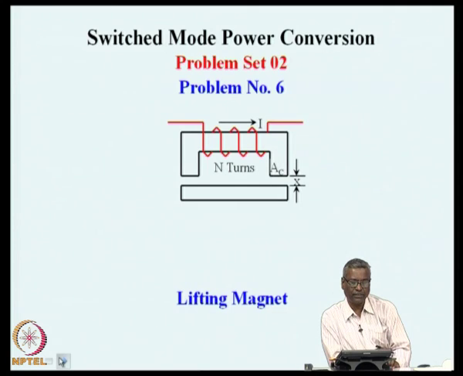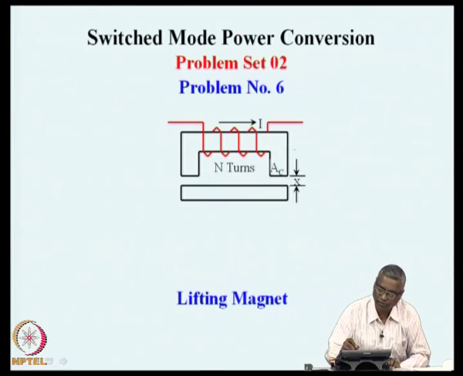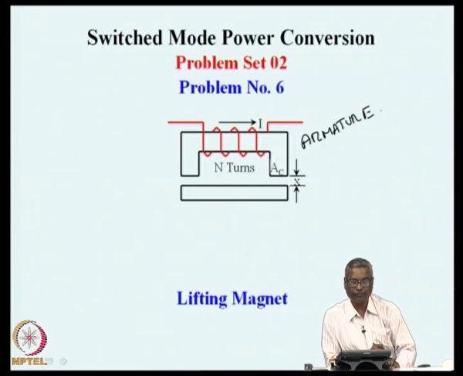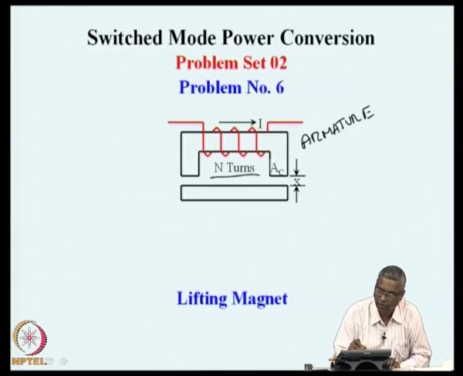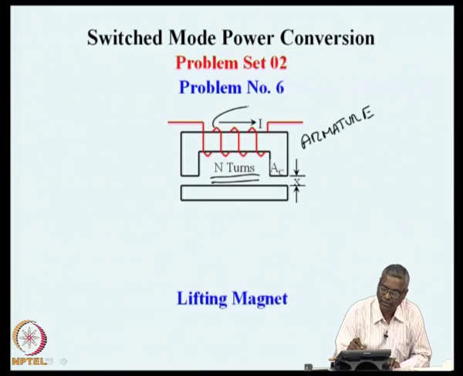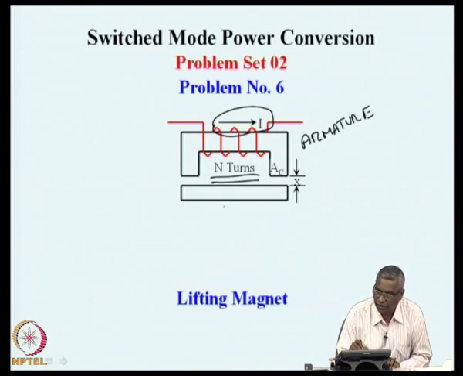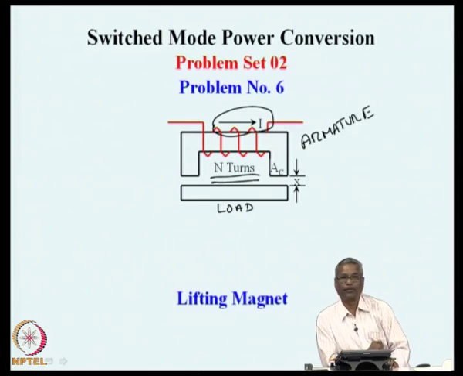What you see here is a simple idealized magnetic circuit, where there is an armature which carries a winding which has n number of turns, and the winding carries a current of I amperes, and there is also a load on the armature.